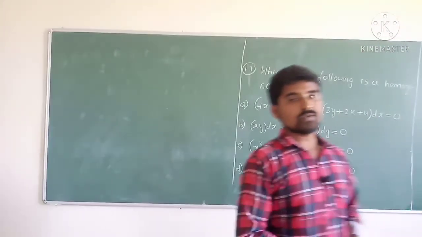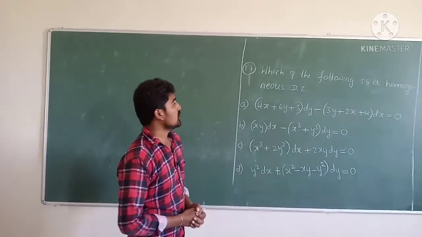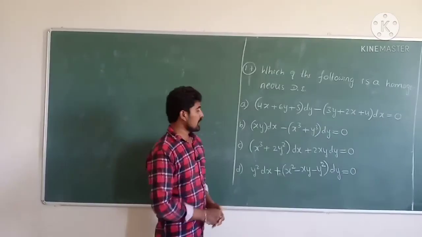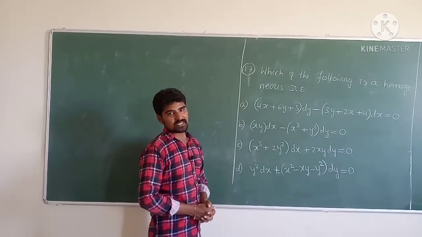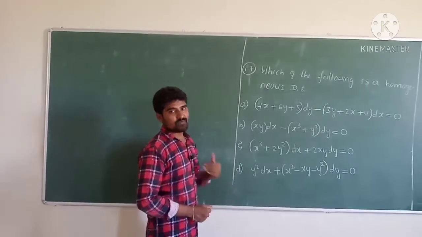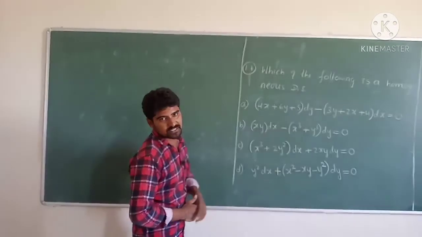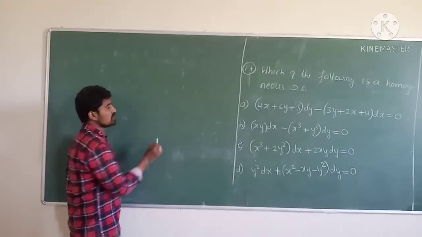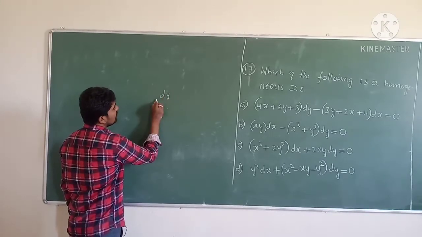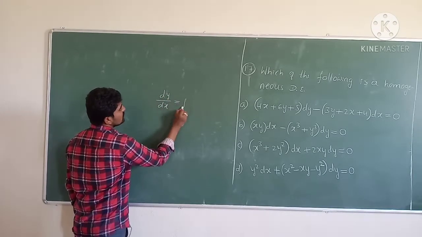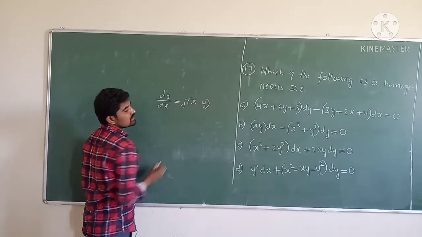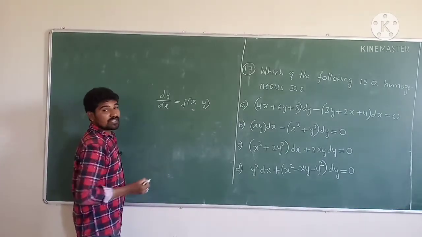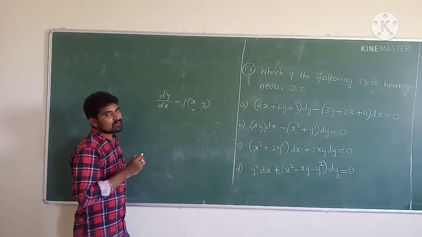So now the 17th question is a multiple choice question, and the question is: which of the following is a homogeneous differential equation? Four different differential equations are given, and among these four we need to identify the homogeneous differential equation. As you know, a differential equation of the form dy by dx is equal to f(x, y) is said to be a homogeneous differential equation if the function f(x, y) is a homogeneous function of degree 0.